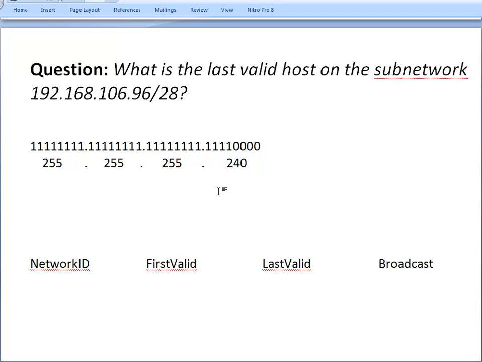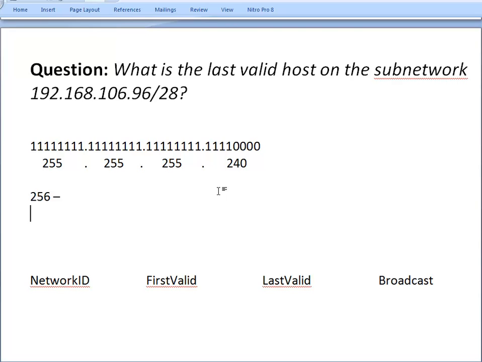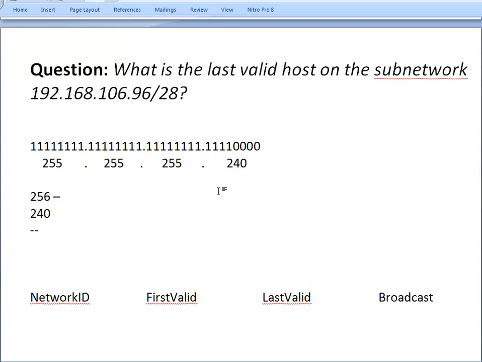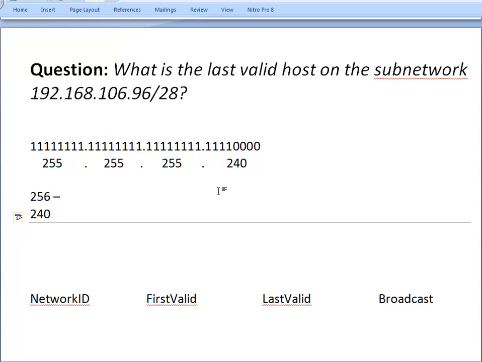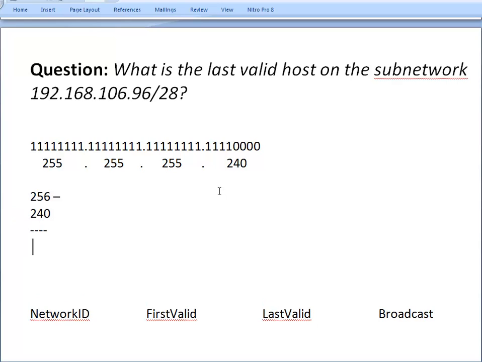To find the magic number, we take 256 minus our interesting octet, which is 240. That will give us the magic number, which in this case is 16. So we know the magic number is 16, and it's on the fourth octet.